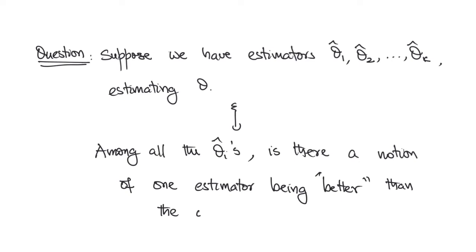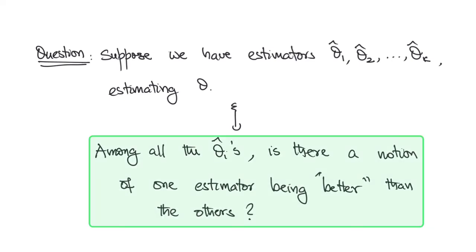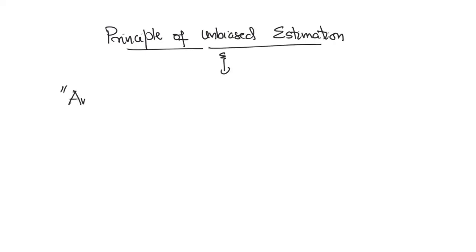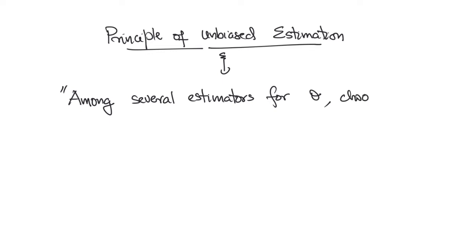This is a natural question to ask. And the answer is provided by what is known as the principle of unbiased estimation, which says that among several estimators for theta, we would want to choose one that is unbiased.